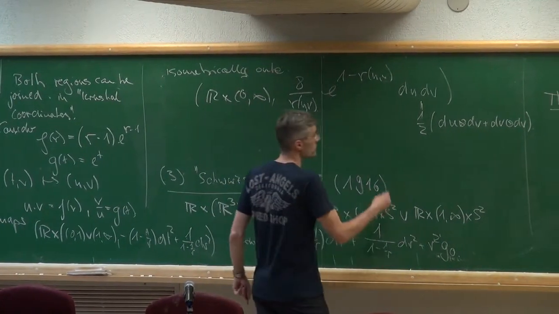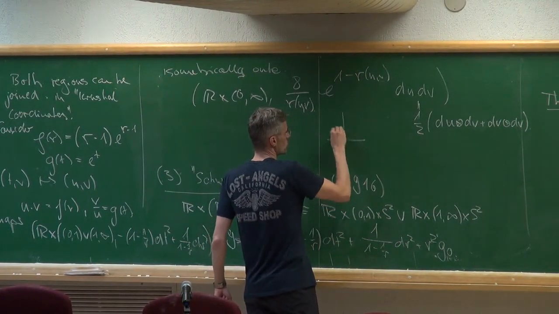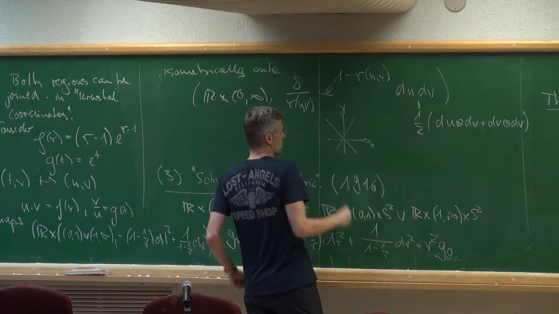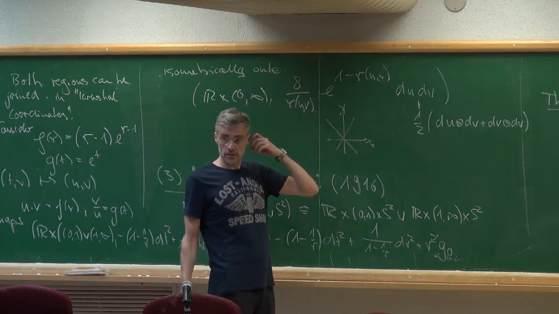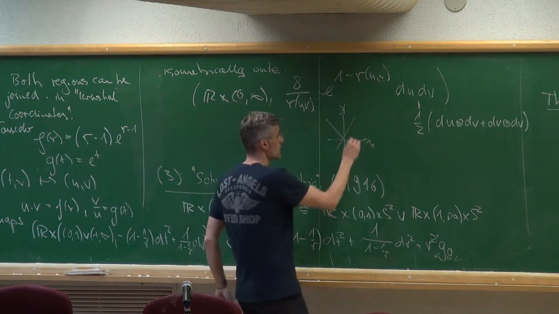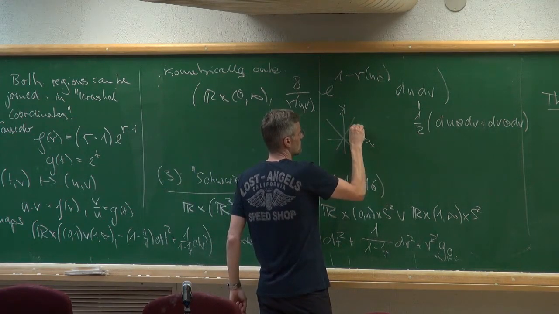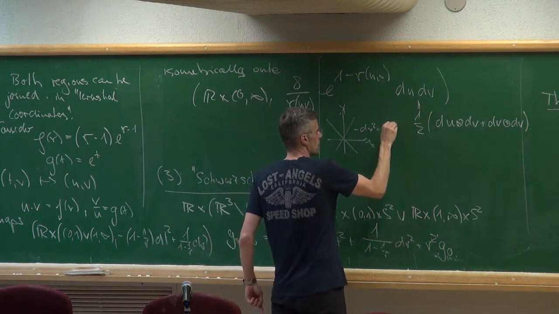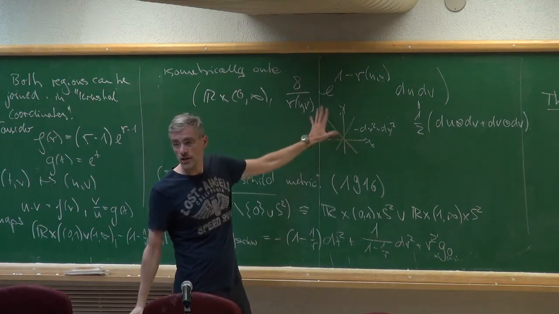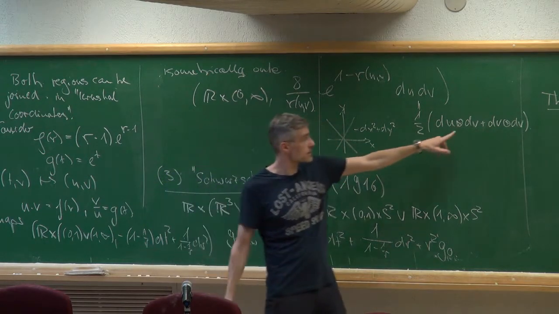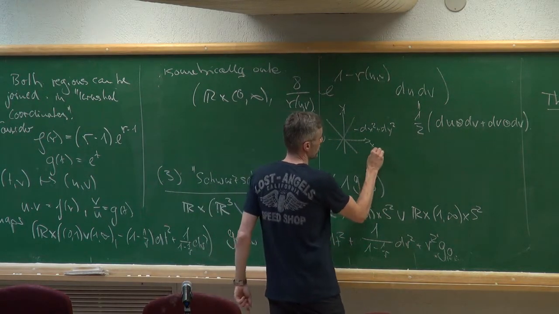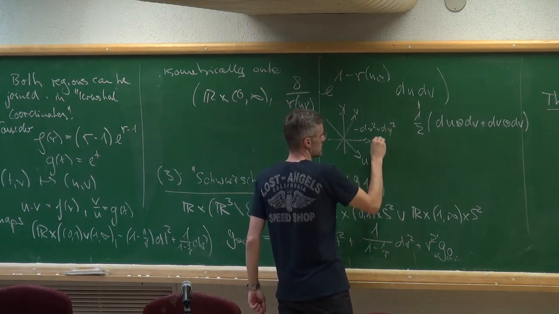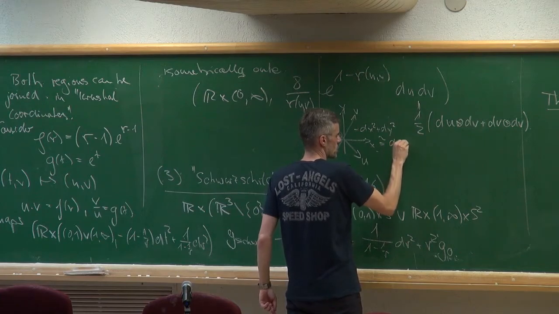So what is this related to? If you take the usual coordinates, you have x and y. You have the usual cones at angles 45 degrees. Here the inner product is, doesn't matter the sign, minus dx squared plus dy squared. And if you rotate your coordinate system by 45 degrees, you get exactly this. So if you say this is u, and this is v, then this is the same thing as saying this is du dv.